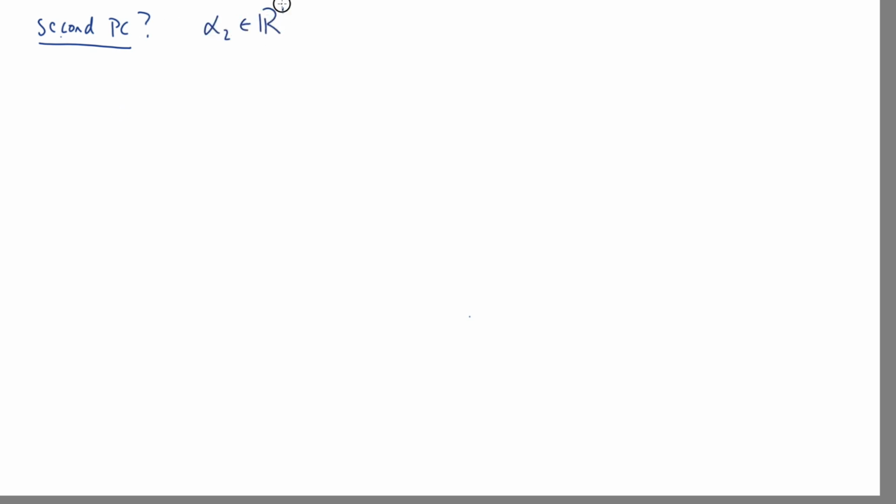We'll call it alpha2, which is a p-dimensional vector, where alpha2 maximizes the variance. I'm not going to show the computation again, but we get the same variance except with alpha2 now, and we still need the constraint that this is equal to 1 for the same reason as before. But we're going to have an extra condition.